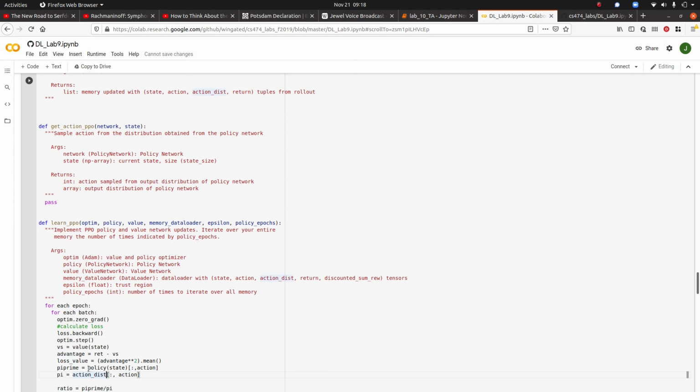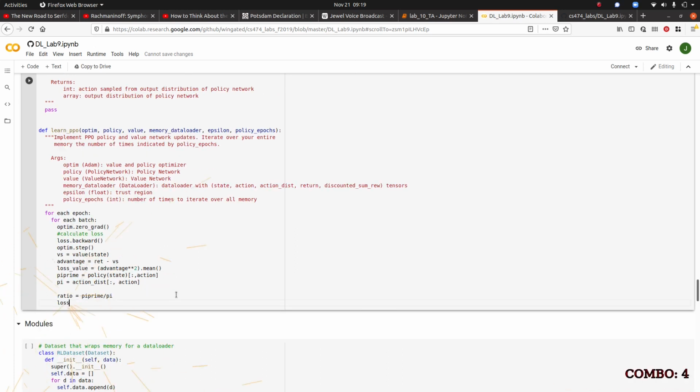Okay, so I just want to point out these might not be the correct shapes and stuff like that, but I'm not going to go through the exact specifics of the code. You guys know how to debug shapes and things like that. So the loss for the policy is going to be equal to torch.min.